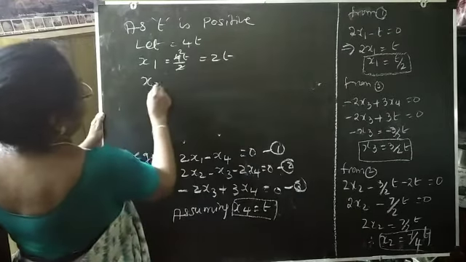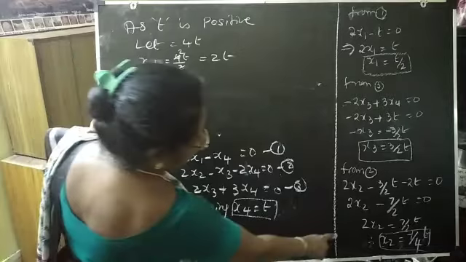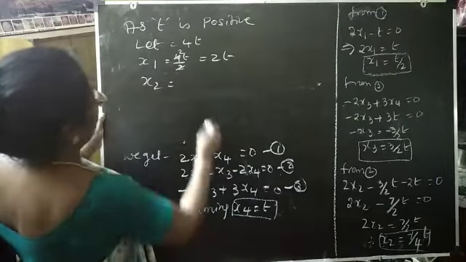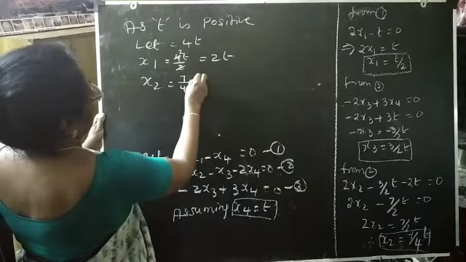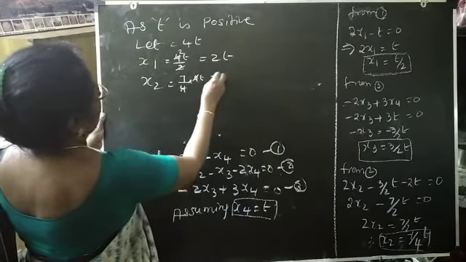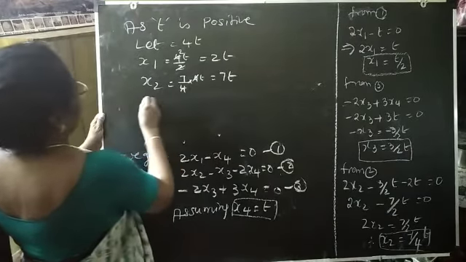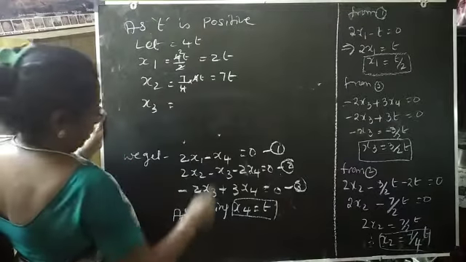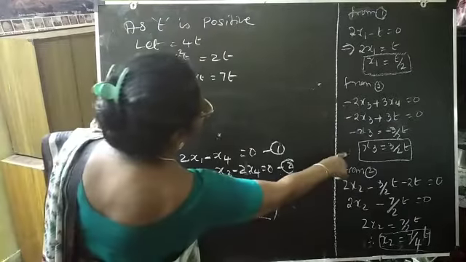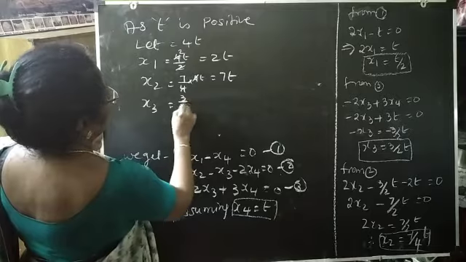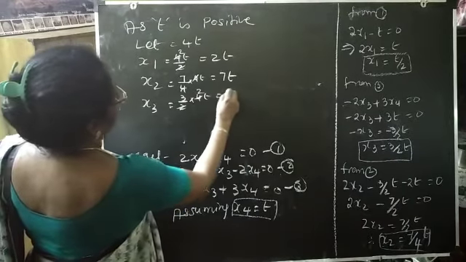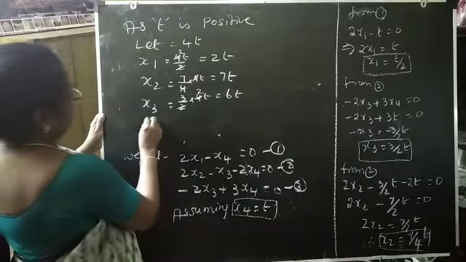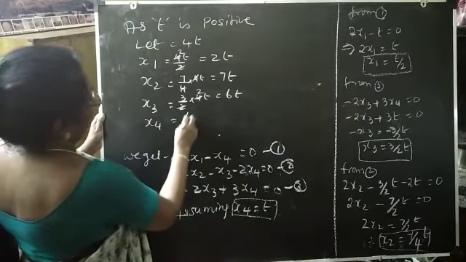Your x2 value is 7 by 4t, so 7 by 4 into 4t, this gets cancelled, you get 7t. Your x3 is equal to 3 by 2t, so 3 by 2 into 4t, this is going to be 6t. Then x4 is equal to t.